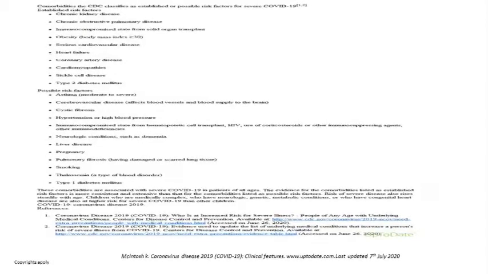We have also the laboratory features as shown in this table, and there is a correlation between the very high figures of lab markers and COVID-19 severity.